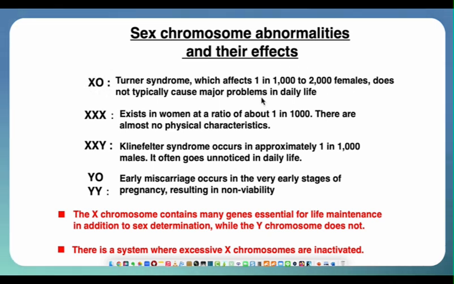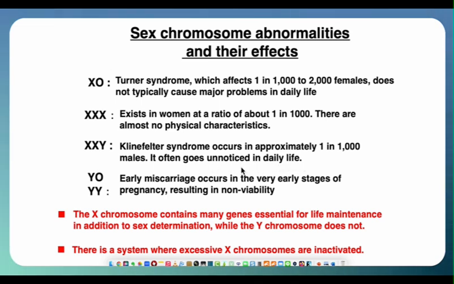In this case, there are no major problems in normal life, but there is a tendency for short stature. Women with 3X also exist at a rate of about 1 in 1,000 people. In this case as well, there are almost no physical characteristics. Men with an XXY also exist at a rate of about 1 in 1,000 people. In this case too, there are no problems in daily life.